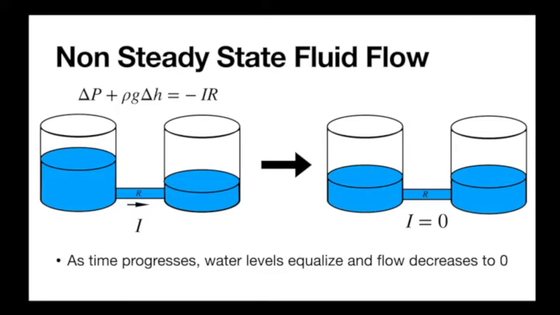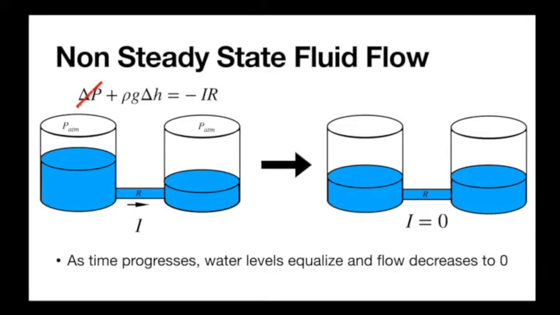However, what do we know about the pressure at the top of both of these fluid columns? It's in contact with the air, so those are both at PATM. Regardless of what their height is, at the top of the fluid column, we have PATM for our pressure, and so our delta P is just PATM minus PATM, or 0. They're at the same pressure. So how is their flow? Well, rho G delta H is not 0.